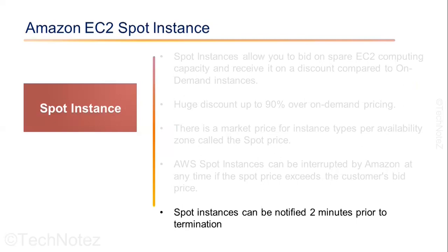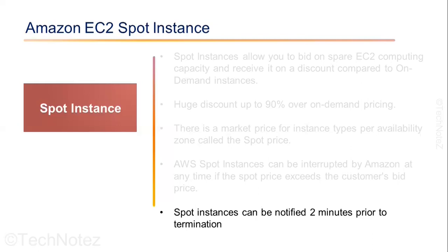For example, imagine you are running a website that experiences fluctuations in the traffic. During periods of high traffic, you need more computing resources to handle the increased demand. But during periods of low traffic, you don't need as many resources. One solution to manage this fluctuation in computing resources is to use the AWS spot instances. You could set up a bid price for the desired instance type and specify the maximum price you are willing to pay.